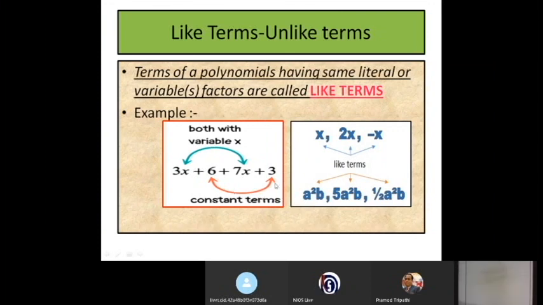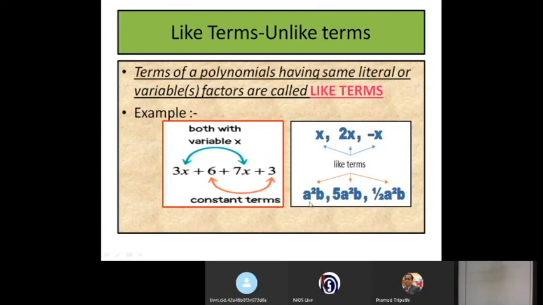In the second case, we see x, 2x, and minus x. The literal factor is x in the first, in the second, and in the third case. So x, 2x, and minus x are all like terms here. Similarly, in the below one, a square b, 5a square b, and 1 by 2 into a square b.